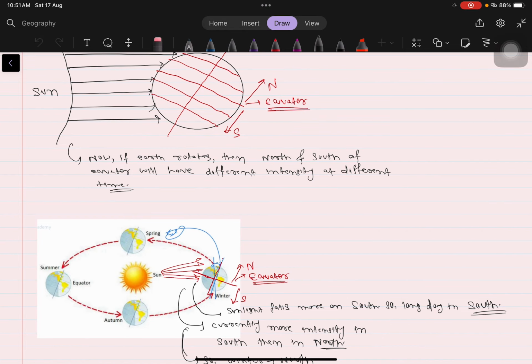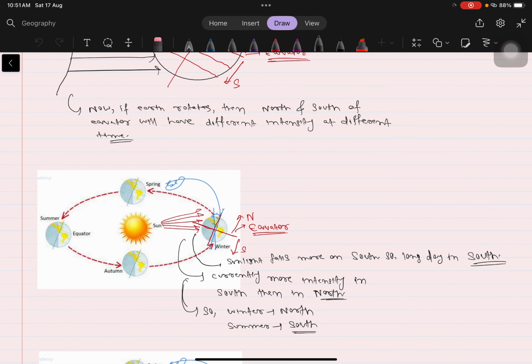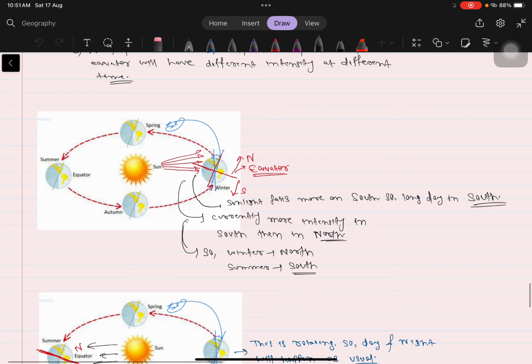Here the sunlight is maximum in the southern hemisphere of the earth. So in the southern hemisphere it will be summer season, and in the northern hemisphere it will be winter season. Day and night usually happen since the earth rotates along its north-south axis, so there is no problem.